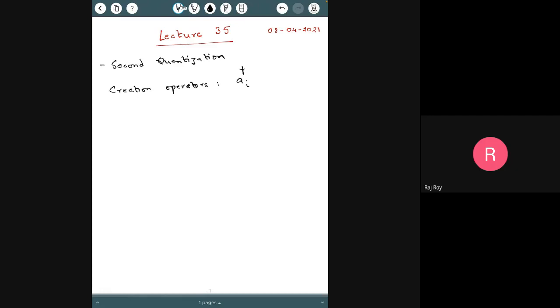Okay? And you have annihilation operators, which are denoted by a with the label of the spin orbital in which you're destroying an electron, and it doesn't have the dagger.